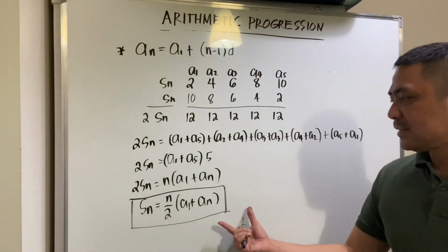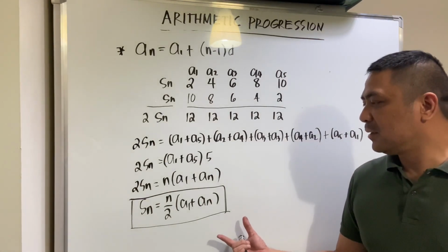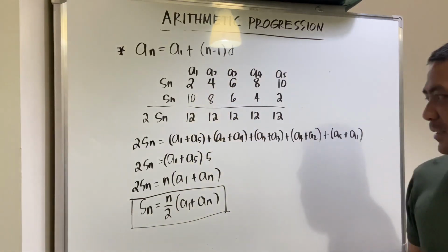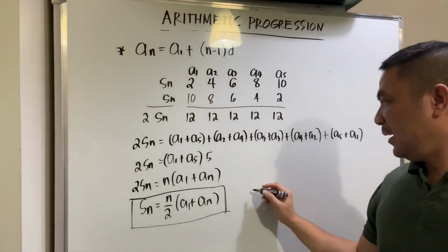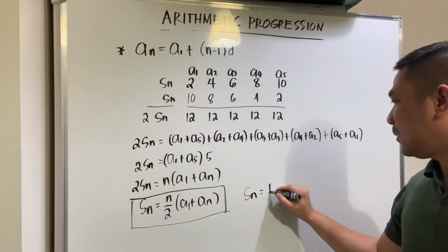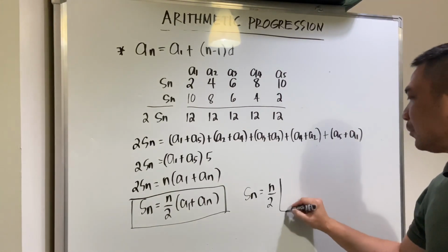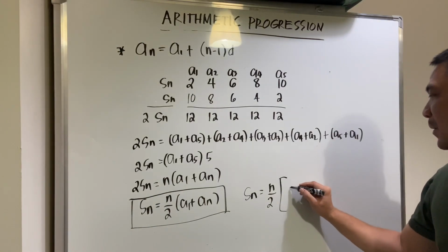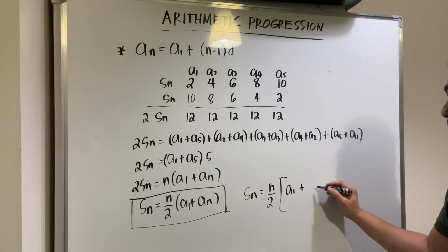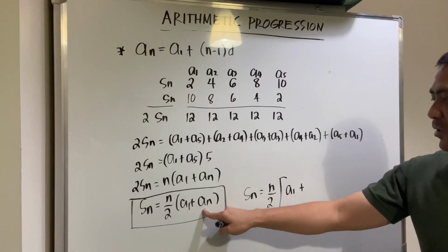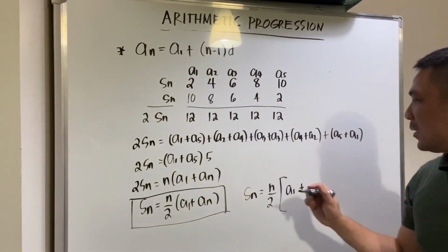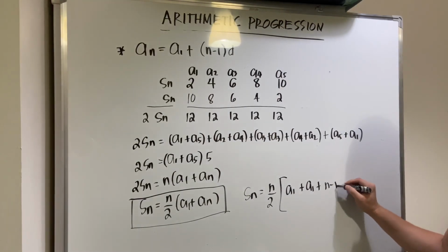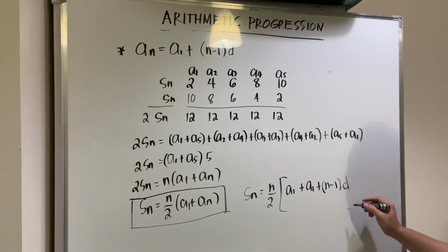If you want to express the sum of all the terms in an arithmetic series in terms of the common difference, we can also simplify it like Sn is equal to n over 2 times the quantity A1 plus, we have to substitute the value of An here, which is A1 plus (n minus 1) times d.